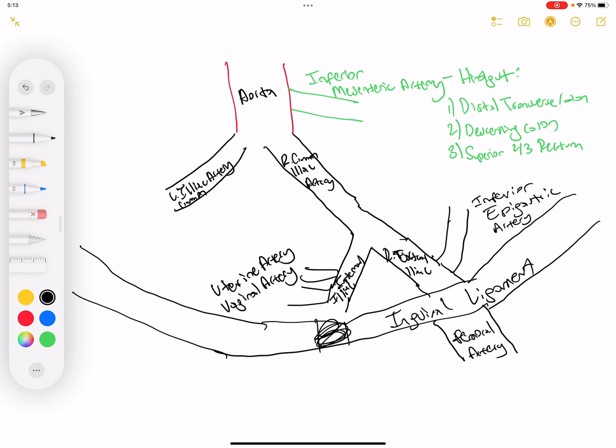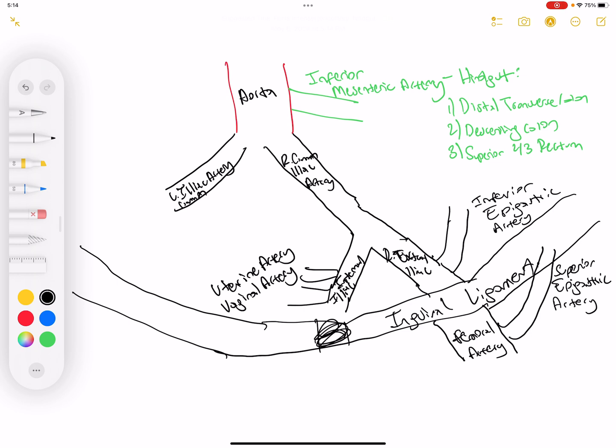Just under the inguinal ligament, the femoral artery is going to branch into the superior epigastric artery. The superior epigastric artery is going to supply the superficial interior abdominal wall below the umbilicus.